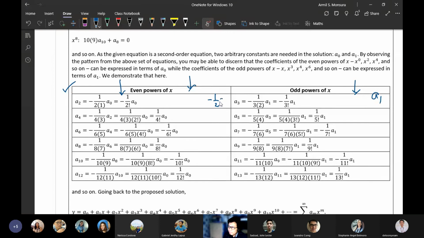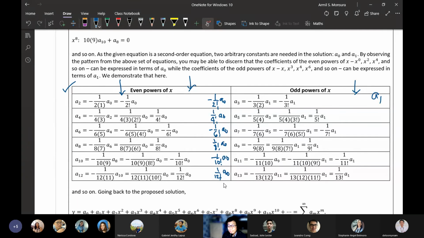Negative 1/2 factorial A0. 1/4 factorial A0. Negative 1/6 factorial A0. 1/8 factorial A0. Negative 1/10 factorial A0. 1/12 factorial A0.